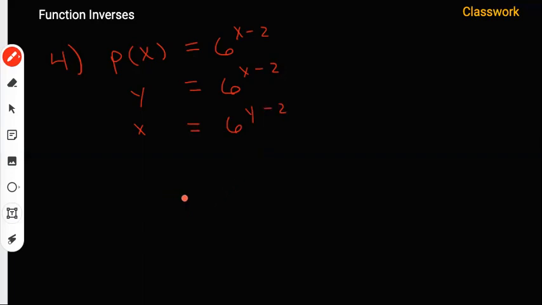Okay. So now I want to get Y by itself. There's a problem with that. There's this 6 down here. We're going to get rid of that first. And we have a minus 2 up here. We're going to get rid of that last. So how do I get rid of a 6 if it's the base of an exponential expression? Well, I have to take the logarithm of both sides, right?